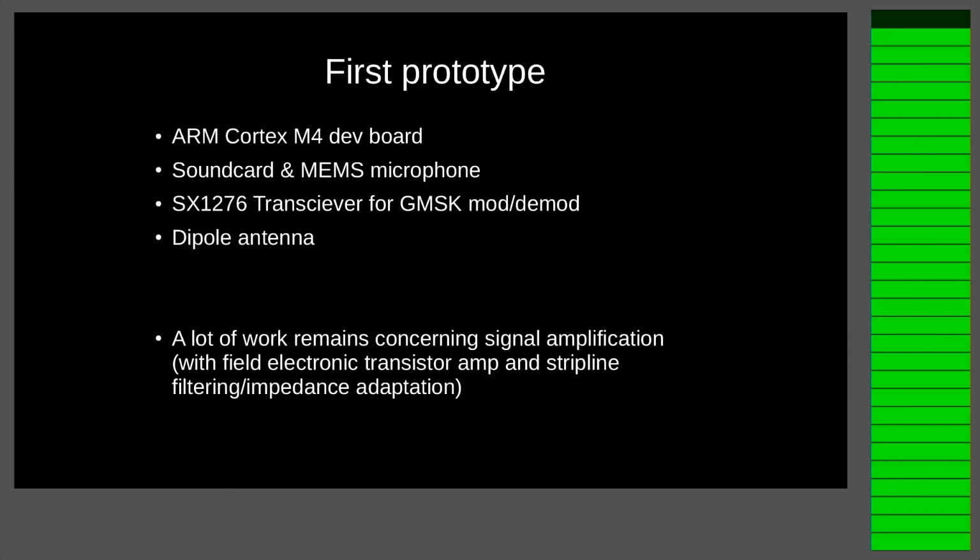For our tests, we have made dipole antennas that look like this. So far it works without amplification and with a power of 200 milliwatts. In town, the prototypes have a range of 800 meters, and a lot of work remains, specifically concerning signal amplification, not to go into details.